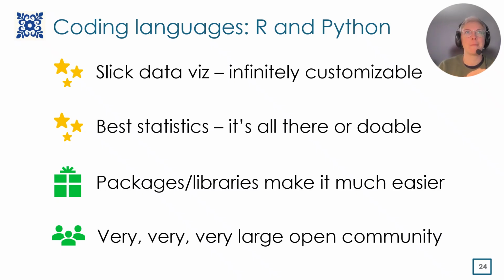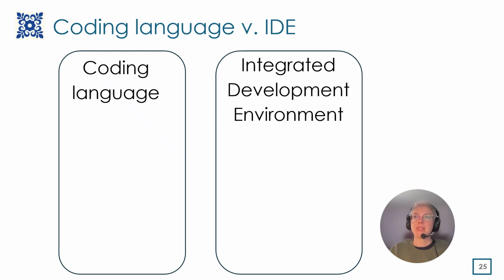Okay, so one thing I do want to clarify because it can be pretty confusing at the beginning when you start getting into coding is what is the difference between a coding language and an integrated development environment? So the IDE is the software that you use to prepare and compile your code.